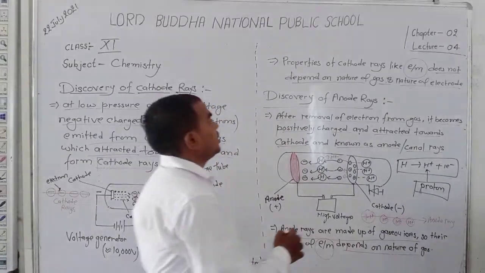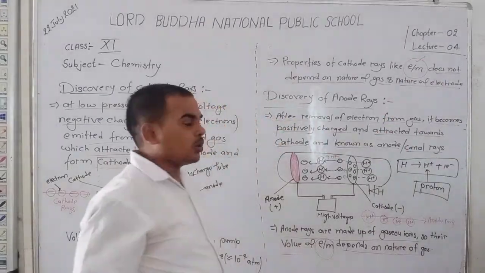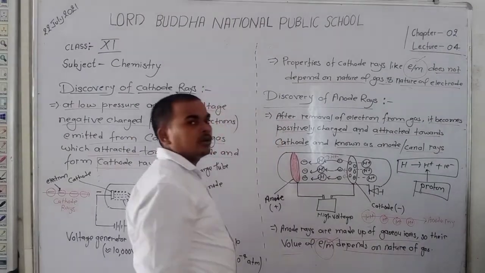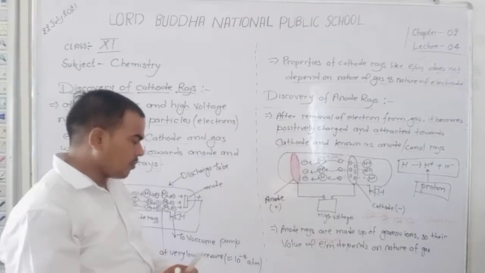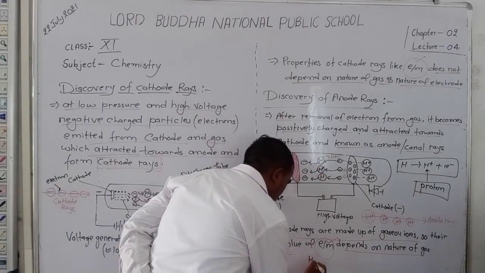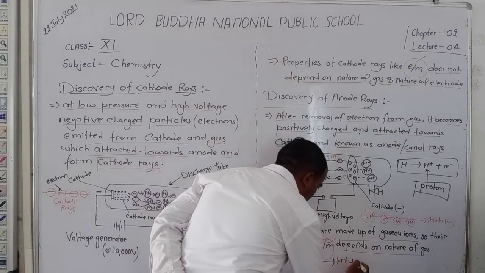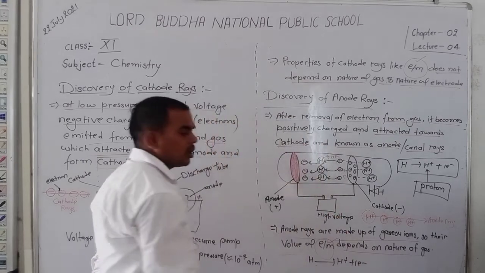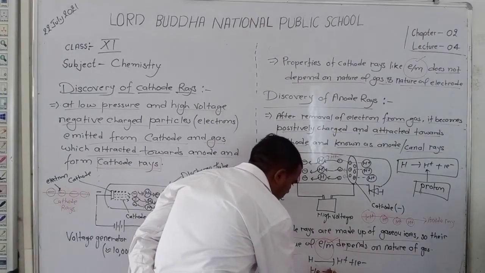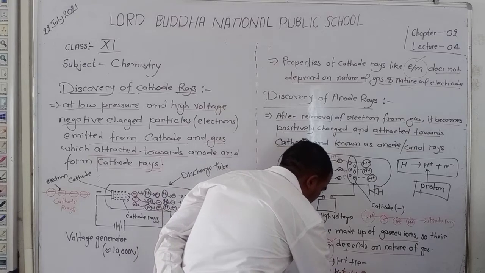For cathode rays, e/m does not depend on the nature of gas and electrode, but here e/m depends upon the nature of gas, because if we fill hydrogen gas, then hydrogen loses its electrons and converts into H+. But if we fill helium gas, then it converts into He+ and loses its electrons.